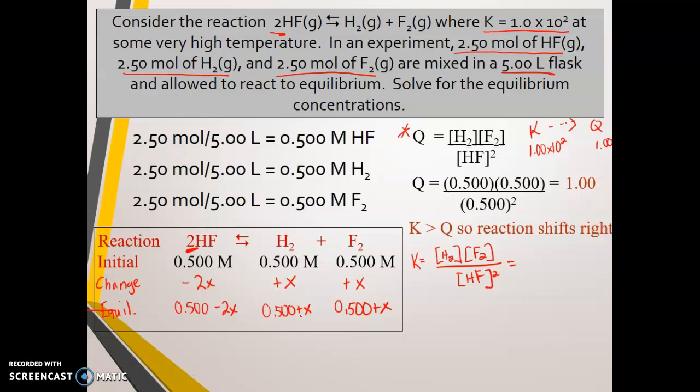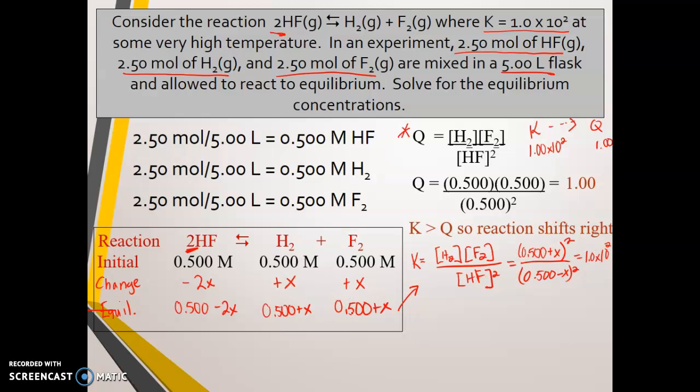Okay, so now I'm going to plug the equilibrium line into the K expression. So we have 0.500 plus X for hydrogen. We also have that for fluorine, so I'm just going to square that, is equal to 0.500 minus X, squared, and all of this is equal to 1.0 times 10 to the second.